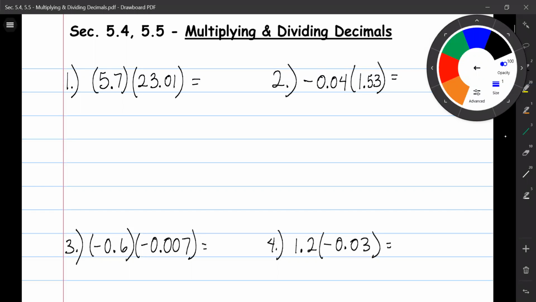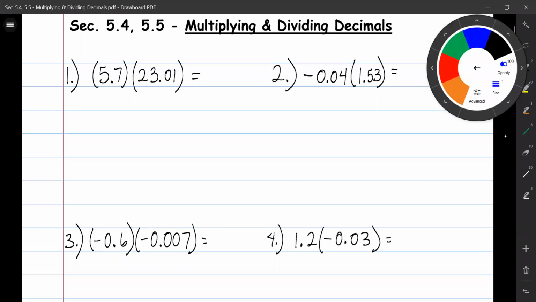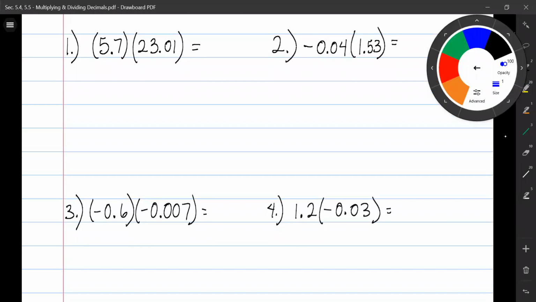So number 3, the only real multiplication that you would have to do is multiplying 6 times 7. And we also know that it's a negative times a negative, which is going to end up being a positive. Those two negatives would cancel each other out. And like I said, we know that 6 times 7 equals 42. All right.